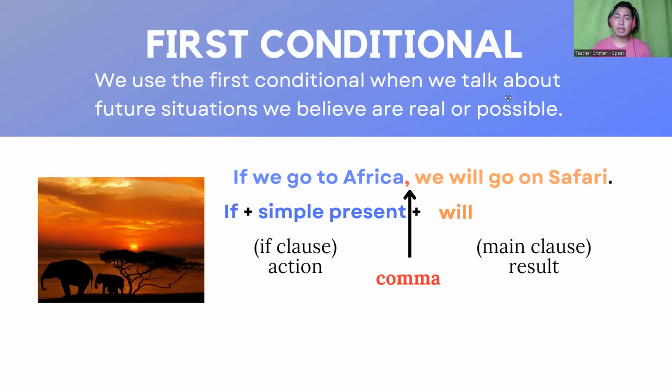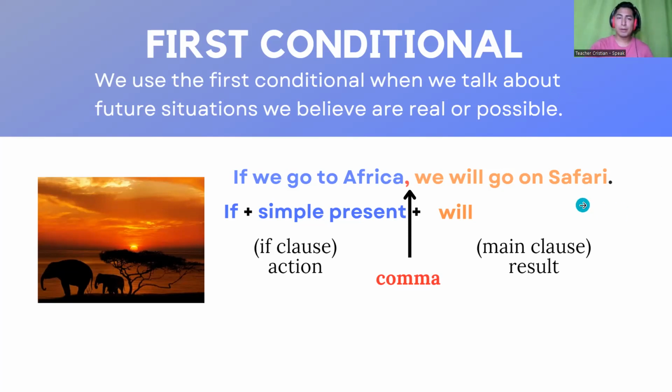So we can divide the sentences grammatically into the if clause and the main clause, or in simple words, the action and the result. Another important thing is the use of comma. That is something related to punctuation, and it's the use of comma when we use the action first and then the result.